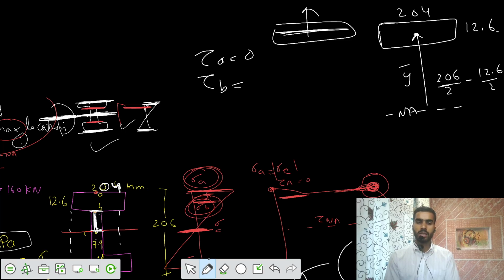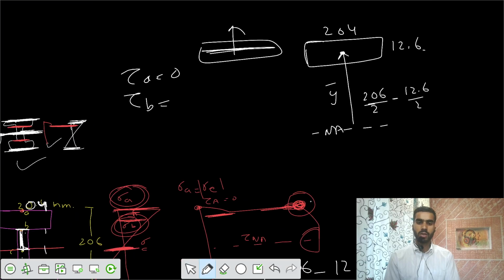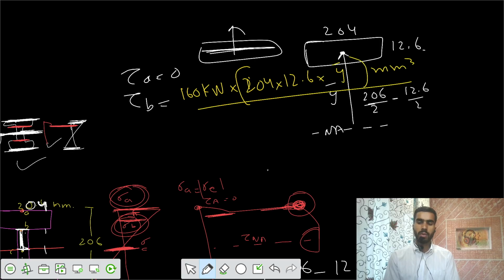So I would write the shear force, 160 kilonewton, times area into y bar, 204 into 12.6 into your y bar, that is in millimeter cube, divided by I, which is already provided to you, 52.7 into 10 to the power 6 millimeter power 4, and divided by, what is the width I had to take?